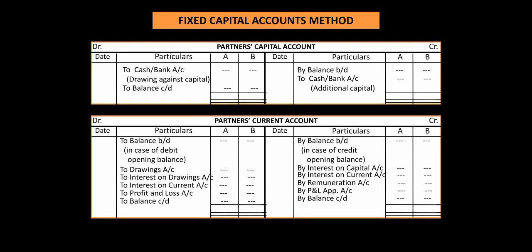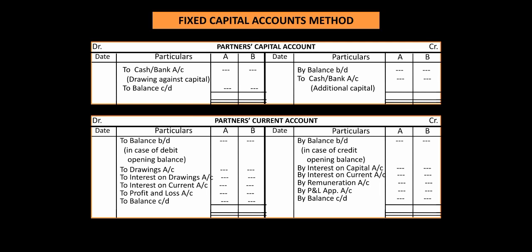But in partner's current account, we have the second last item, that is transfer to profit and loss account, which means if a business has incurred too much loss, it will consume all the amounts written on the credit side.